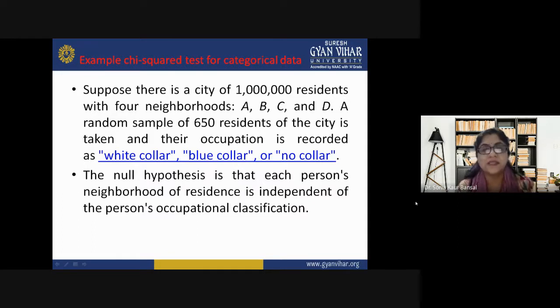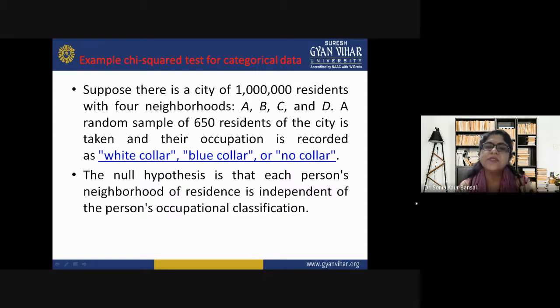Suppose there is a city of 10 lakh residents with 4 neighborhoods A, B, C and D. Or you can just change the number to 10 lakh or 1 crore or anything.